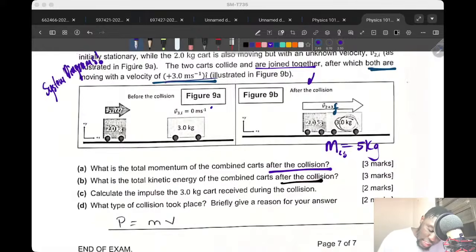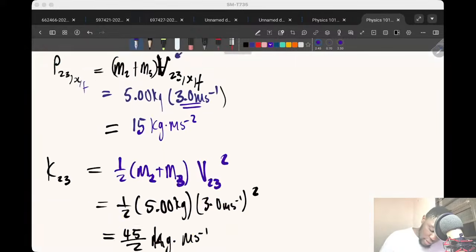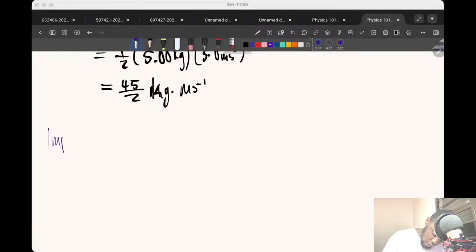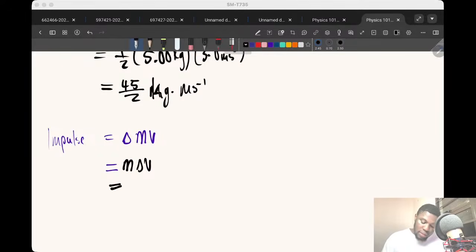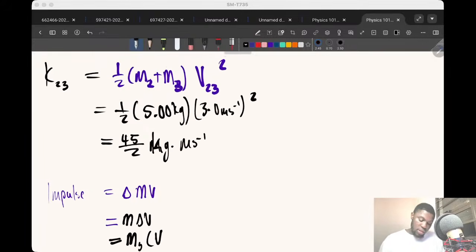So for the 3 kg cart, impulse is going to be delta mv, the change in momentum, which is m times delta v. Here you're dealing with the 3 kg cart, so it's m3 by delta v3.